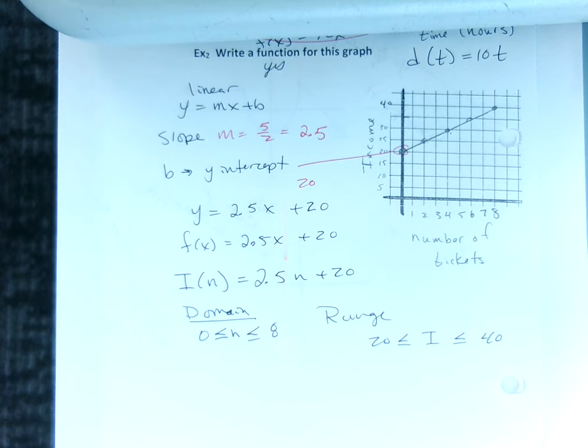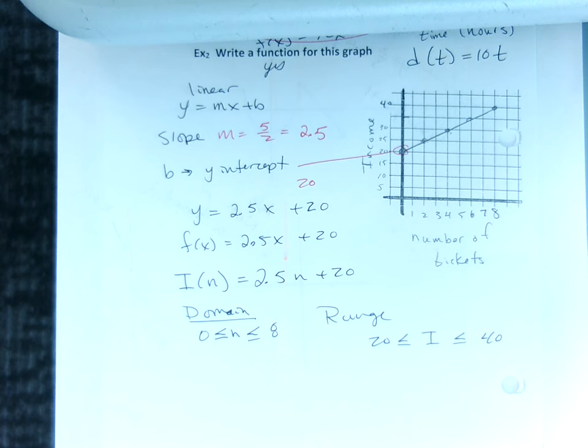What does the slope mean? How much? Great. It does increase. Be more specific. How much? What do the tickets cost? $2.50. See, all these numbers mean something, don't they? So each ticket costs $2.50, right? We sold 8 tickets.